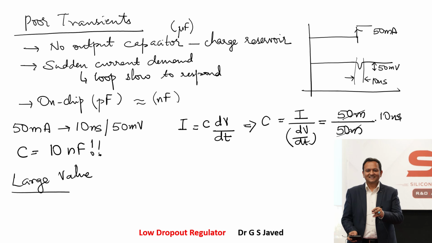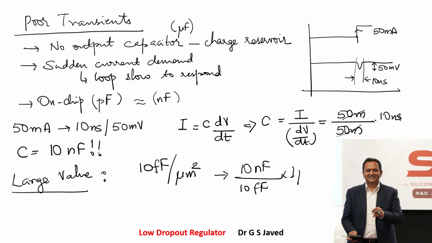In typical processes, especially with the nanometer process, the ratio is about 10 femtofarad per micrometer square. So this is the capacitance density that you see. Now for this kind of a capacitance density, what is the value it takes to get 10 nanofarad? So that would be 10 nanofarad over 10 femtofarad times 1 micrometer square.